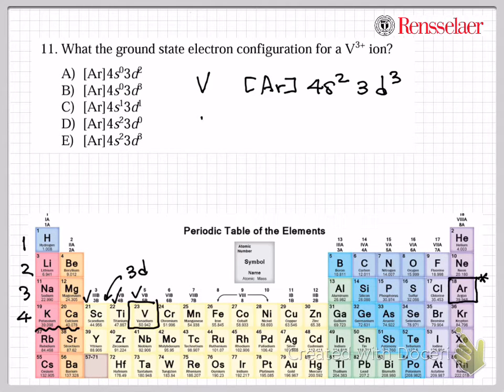Now the question here is vanadium 3+, which is losing 3 electrons, and where are they going to lose the electrons? Because this is a transition metal, they're going to lose 4s first.